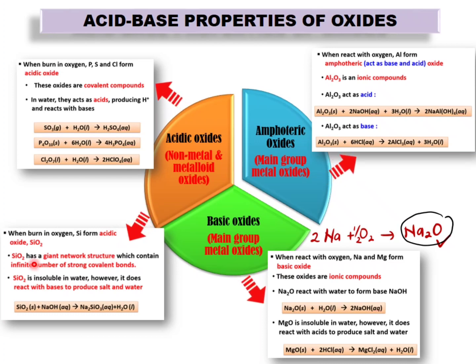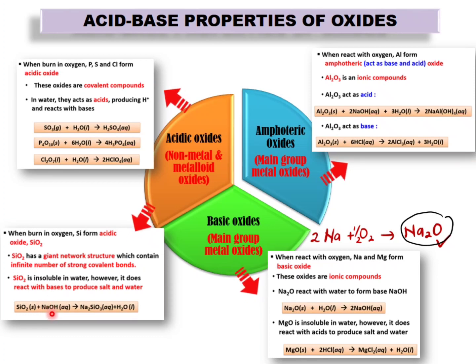Okay, di mana it contain infinite number of strong covalent bond. Okay, so dia ada banyak covalent bond. Alright, so this silicon oxide insoluble in water. But how to show the acid properties? We just react this silicon oxide with sodium hydroxide.